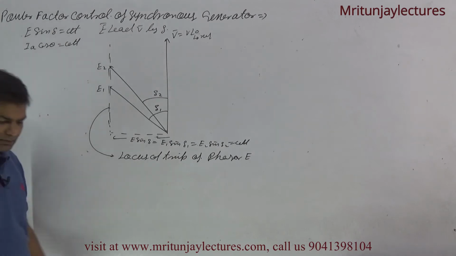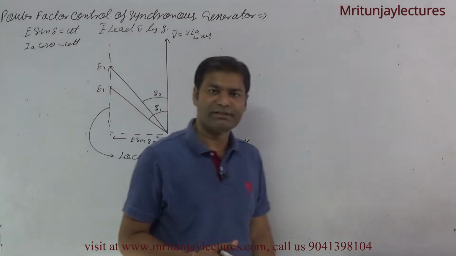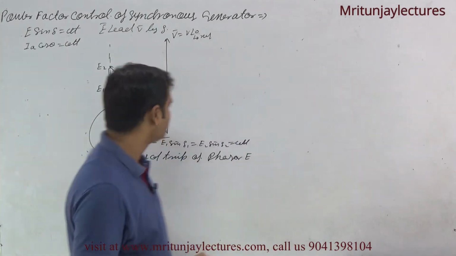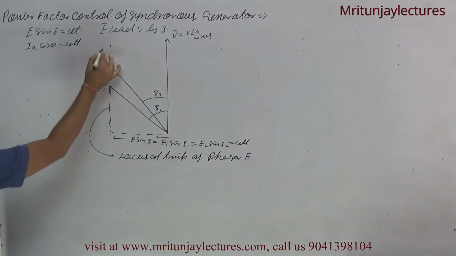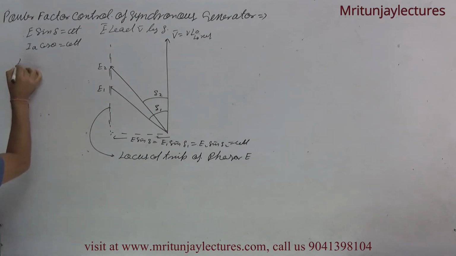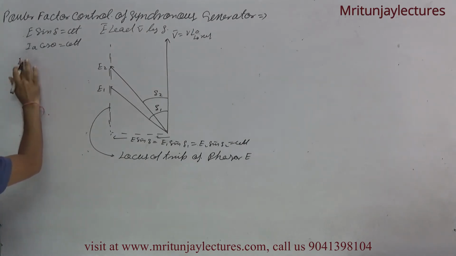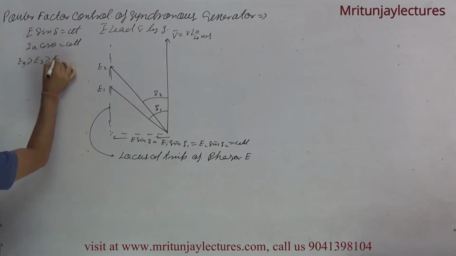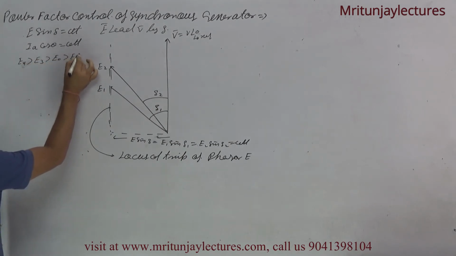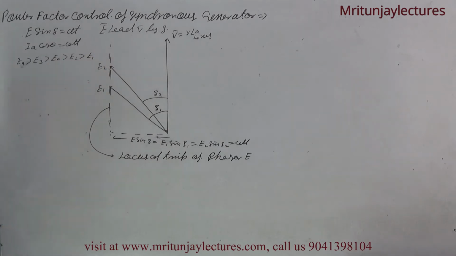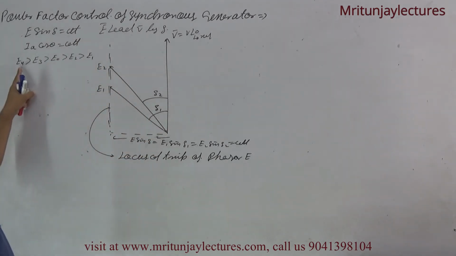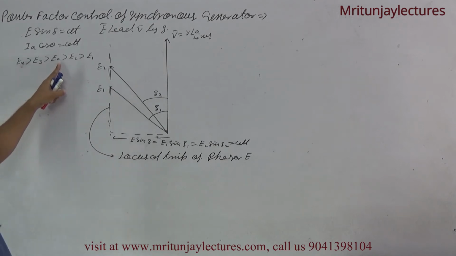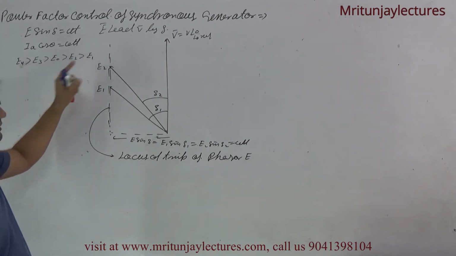Again, if the excitation increases, here we have E4, E3, E0, E2, same as this. Clear? Corresponding to the increase, E4 is greater than E3, greater than E0, greater than E2, greater than E1. Clear?